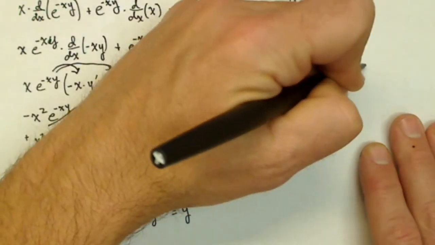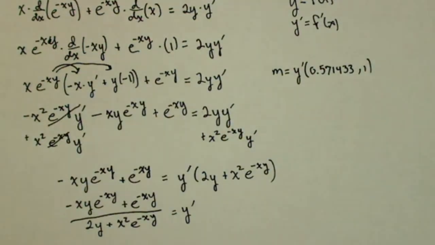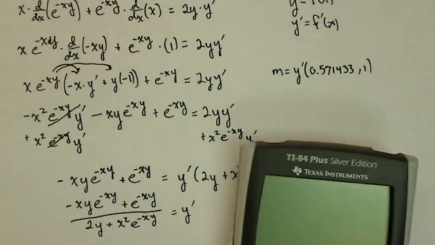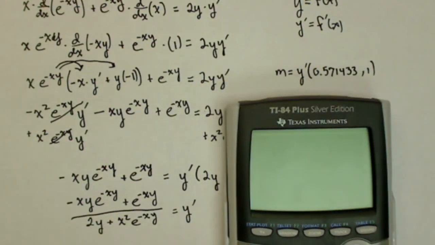0.571433, comma 1. So this can be a little tedious to put into a calculator. What I want to show you is one way that maybe you like it, maybe you don't. So let's see how we can leverage our calculator to put this thing in.